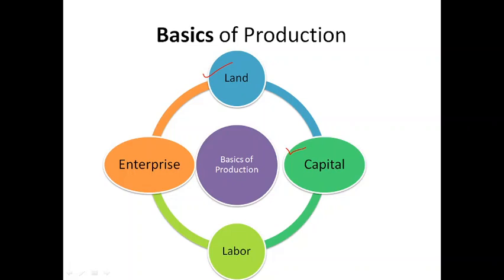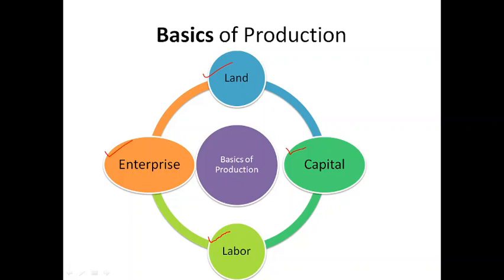Without capital, no work can be done in any profit earning organization. Next, labor. Every physical or mental effort of human beings which is required to carry on the production process. There are so many works to be done by human beings in the production process, so labor is a very essential input for output.